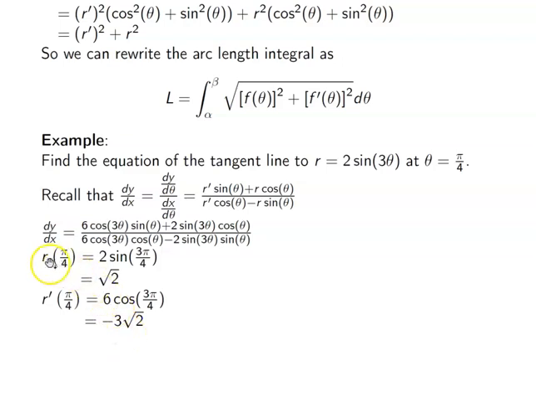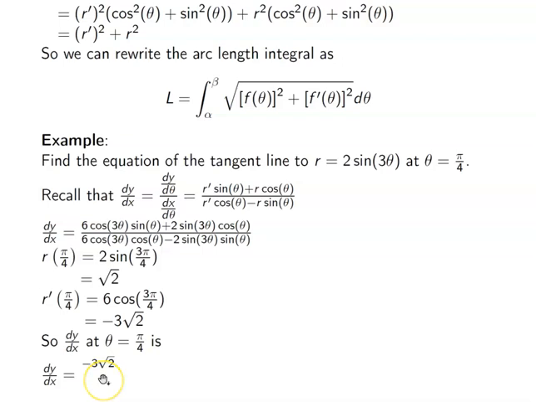So now that I know R and R prime, I could have just put pi over 4 everywhere here, but now I can replace pi over 4 everywhere, and everywhere I see R and R prime, I can just replace the values. So looking at the derivative at pi over 4, for this one it is going to be root 2 times sine pi over 4, which is root 2 over 2.